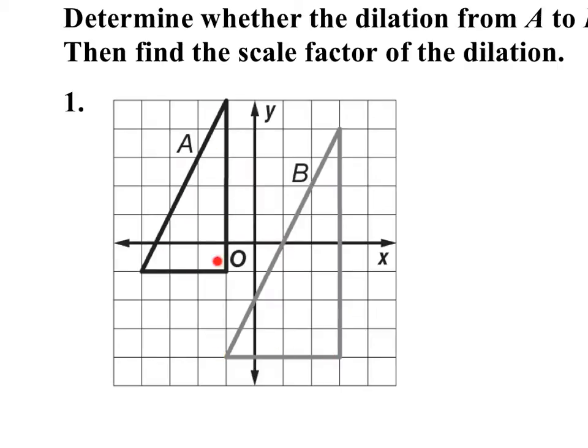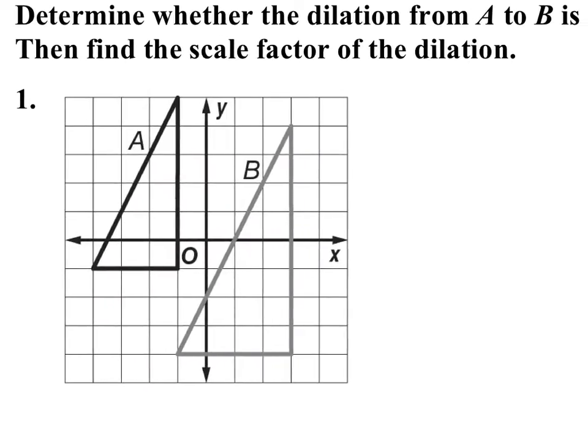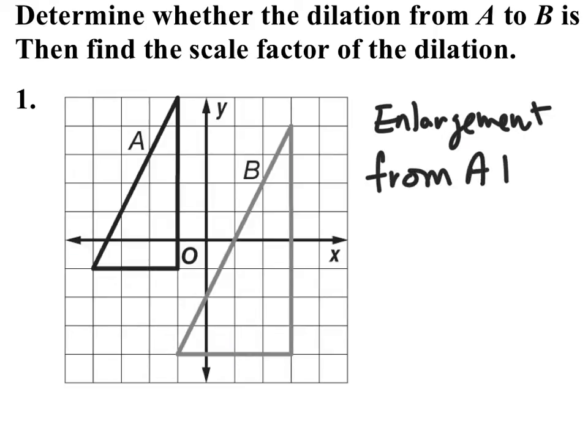The transformation from A to B, does it get larger or smaller? It gets larger, so we're going to call that an enlargement from A to B. But then we need to come up with the scale factor.